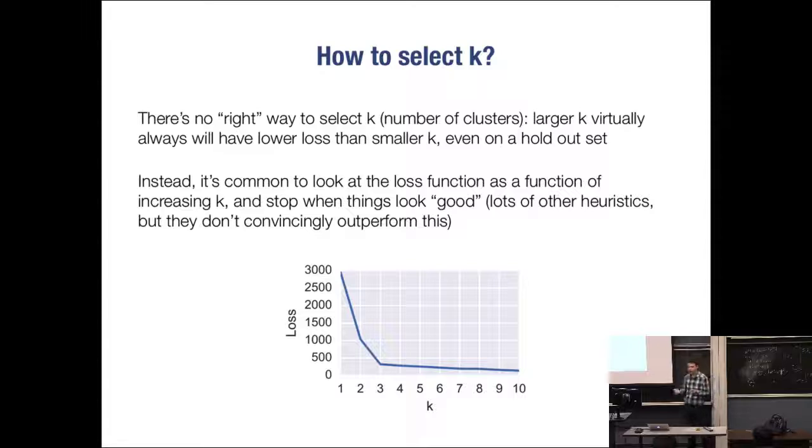There's no real notion, and oftentimes the data is ambiguous in terms of what the actual groupings are. So it's just a fact of life that we're going to have to deal with some ambiguity in k. Your best bet in some sense is just to take a plot like this and do the best you can with it. So that's how you pick k. You do it by hand tuning.